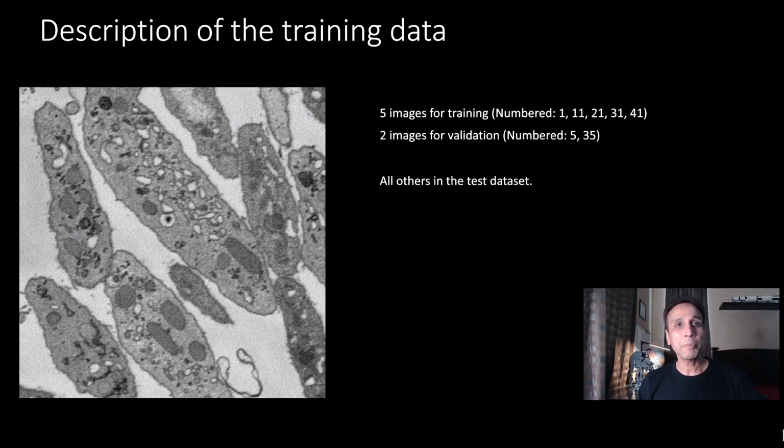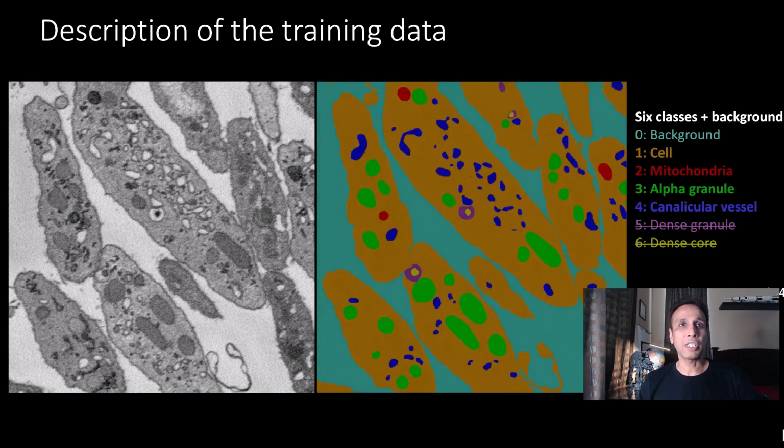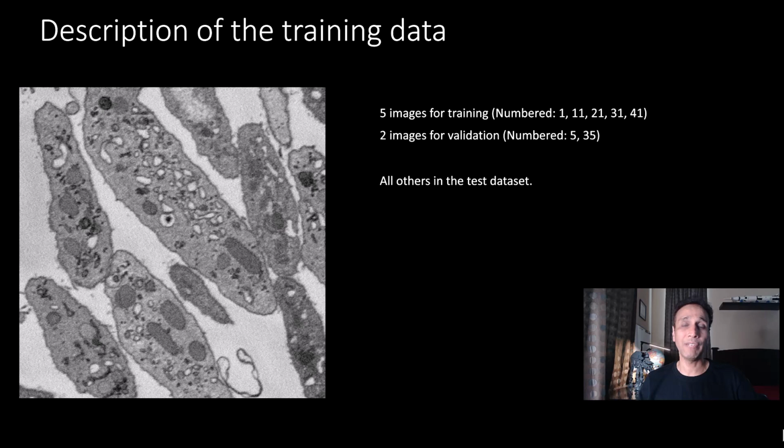And the description of the training data. So it's a bunch of images, as you can see. They're all noisy, so that makes this a bit challenging. And let me just skip through this. Actually, I should have deleted this slide. I'm not just using 5 images for training.